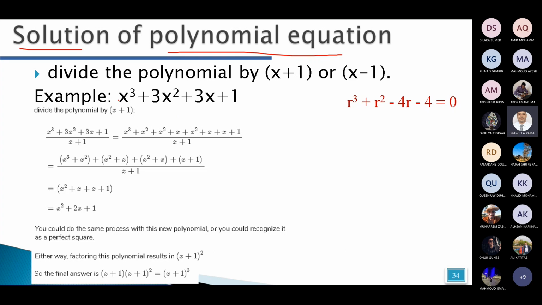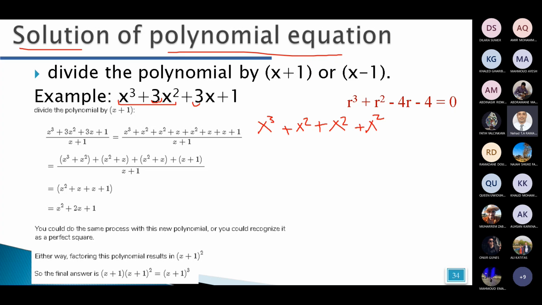Actually, if you try here to get x or 2 outside, you will not have x plus 1. So if you have x terms like this, try to make each one separately. So I will write it as x power 3 plus x power 2 plus x power 2 plus x power 2.